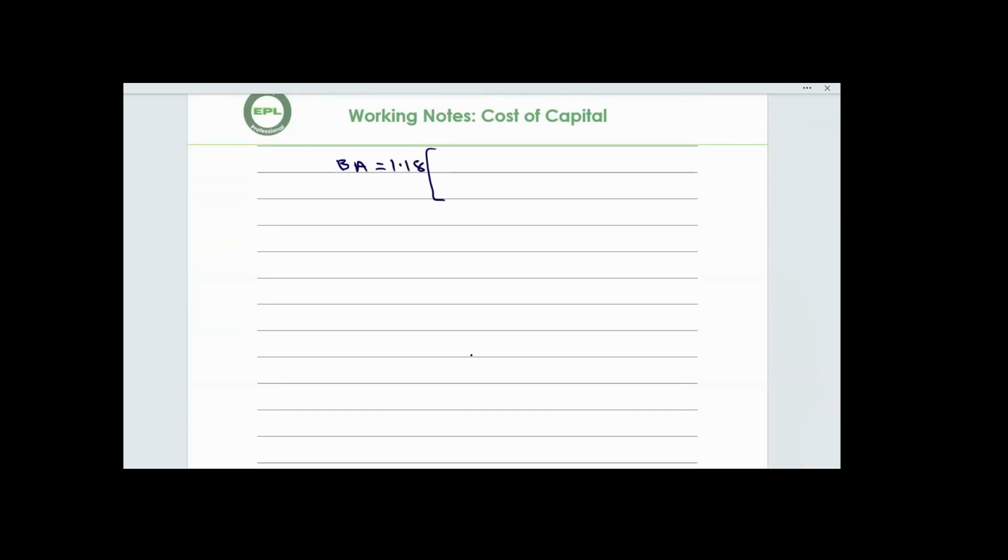We calculated 191,909 over 191,909 plus the debt value 4,100, 1 minus tax 0.65.